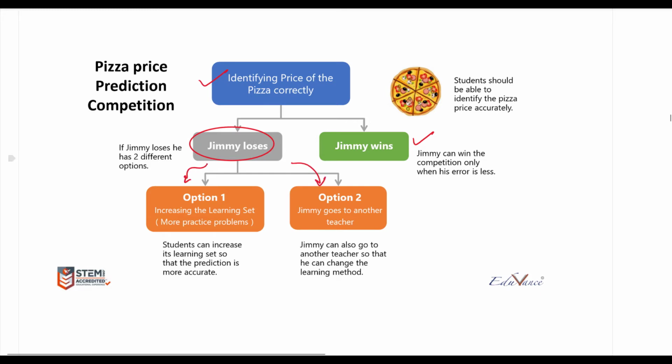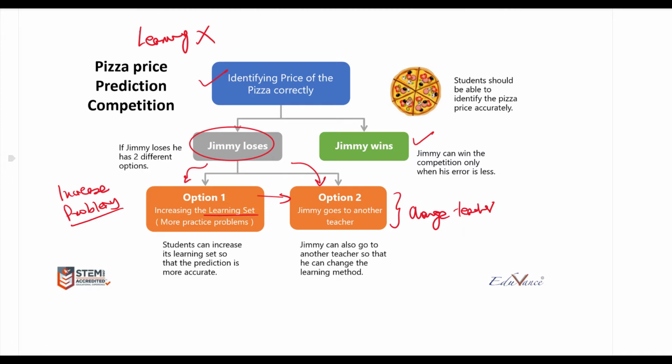If you remember from session number 2, if our learning is not good, we have two options in front of us. Option number 1 is we increase the learning set, or we increase our practice problems. Option number 2 is we change the teacher. So let us go through this journey of Jimmy and see how he goes about learning this.